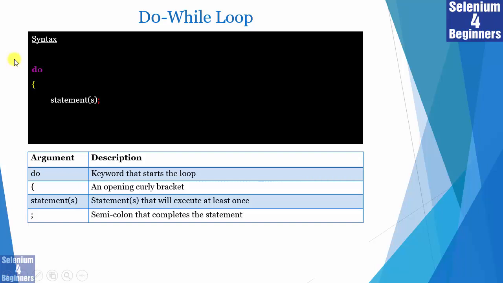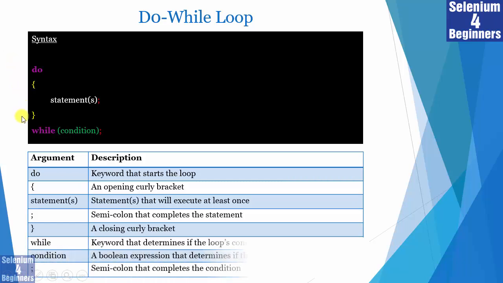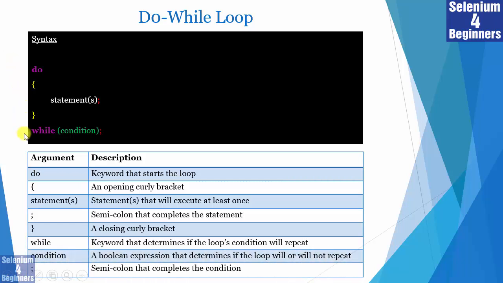After the statement is a closing bracket, keyword while, and a condition is last. Notice how the do while loop is different from the for loop and the while loop. The condition is at the bottom of the loop, but the for loop and while loop have a condition at the top of the loop.